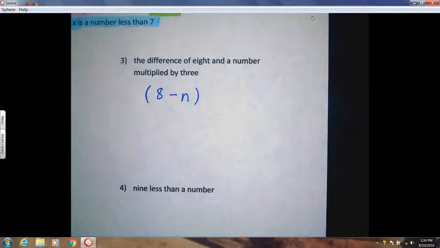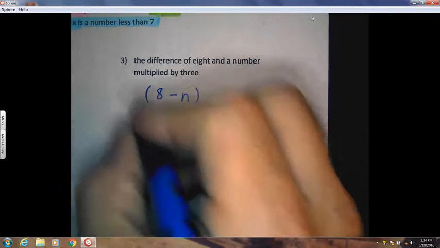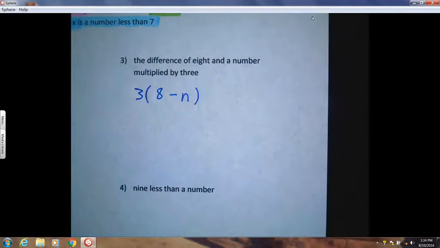So I put 8 minus n. And then that is multiplied by 3. And it's really best to put it at the front, but if you put it at the end, probably wouldn't count it wrong, but make sure you put it at the front. So this is the difference, I use parentheses, of 8 and a number multiplied by 3.